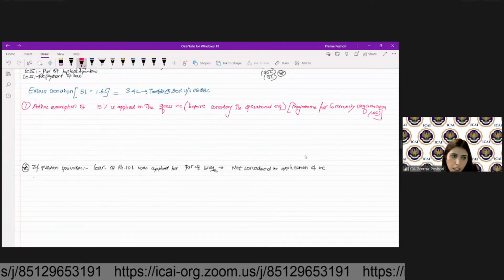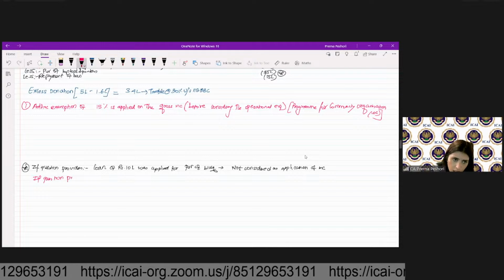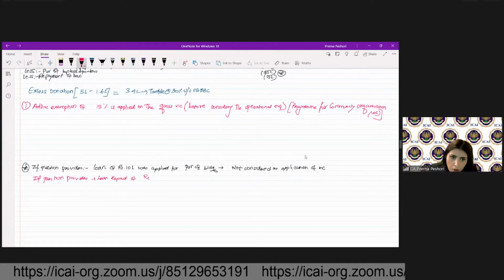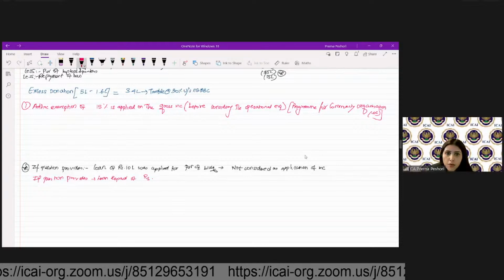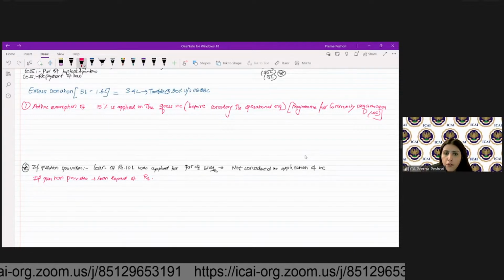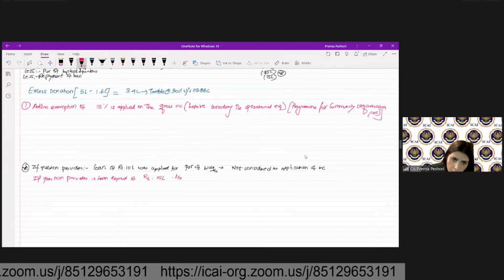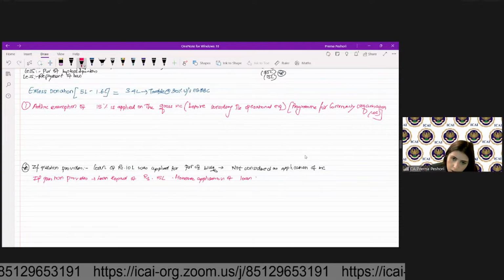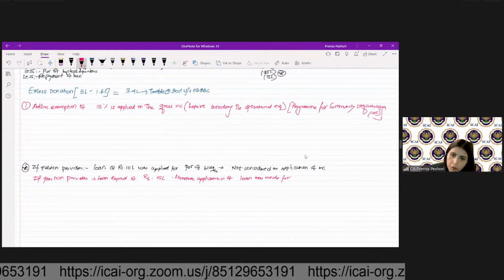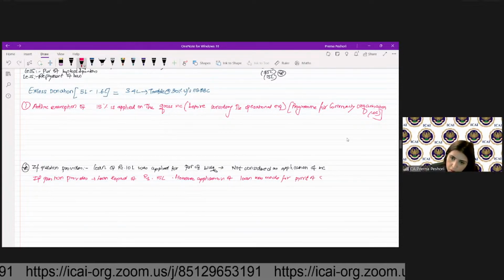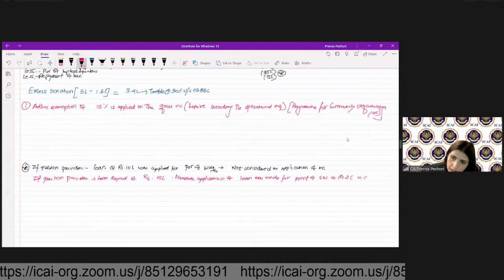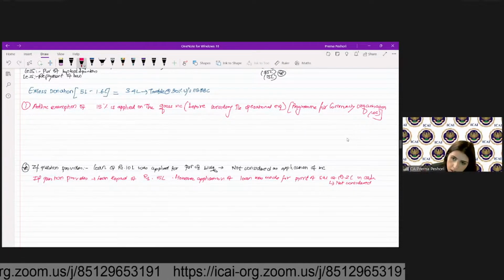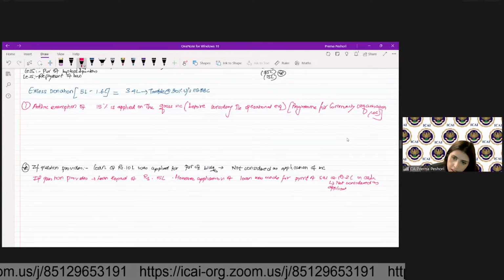Then, if the question provides that the loan repaid is rupees 15 lakh, however, application of the loan was made for payment of salaries of rupees 2 lakh in cash, then to this extent of 2 lakhs, this is not considered as application.